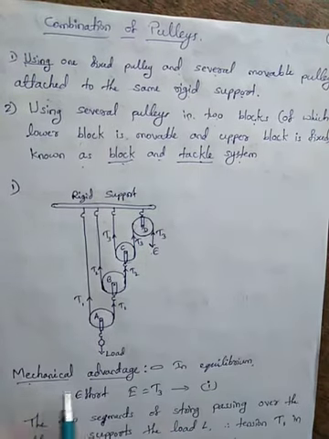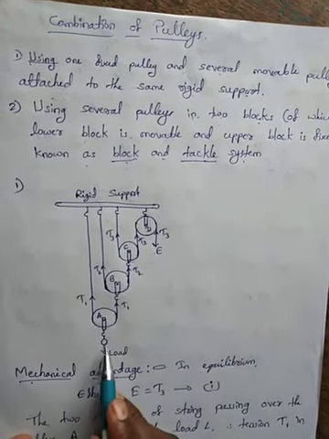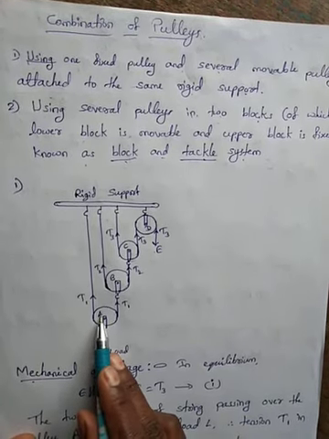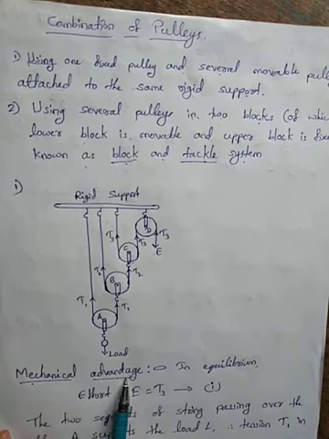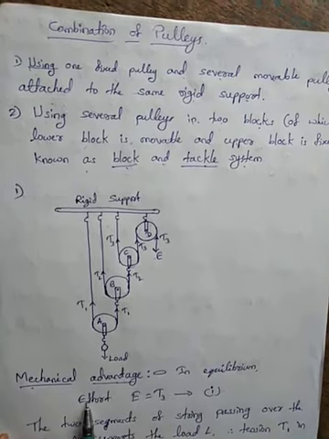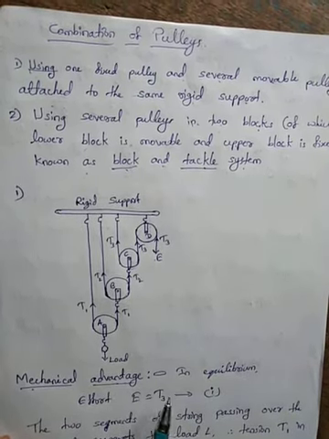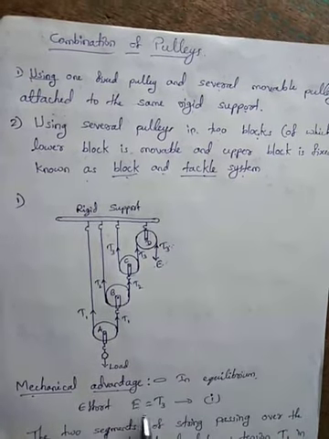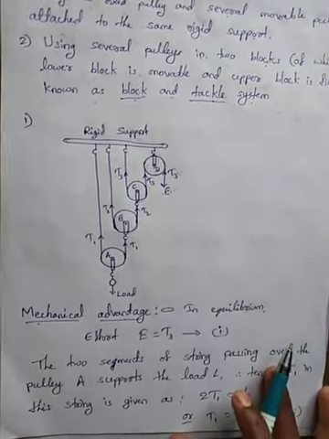So mechanical advantage and load. This is the load attached to the movable pulley A. Mechanical advantage, in equilibrium, effort E is equal to T3, that is equation number 1.